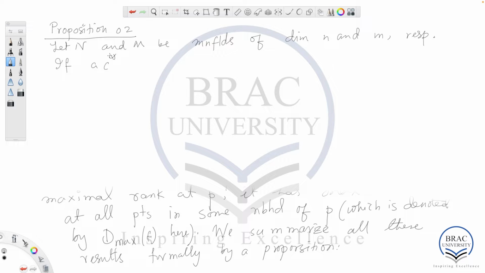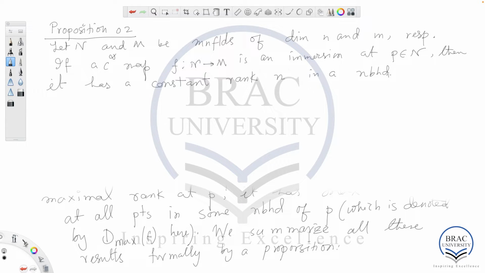If a C-infinity map F from N to M is an immersion at a point P in the domain manifold N, then it has a constant rank n in a neighborhood of P.